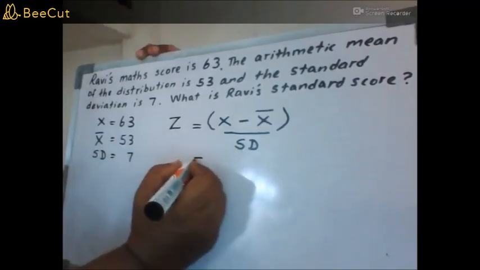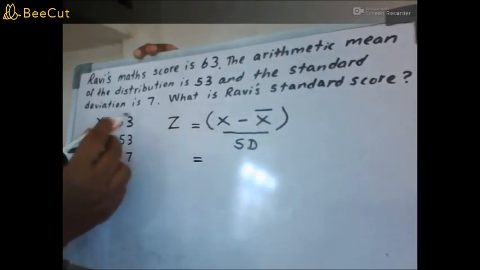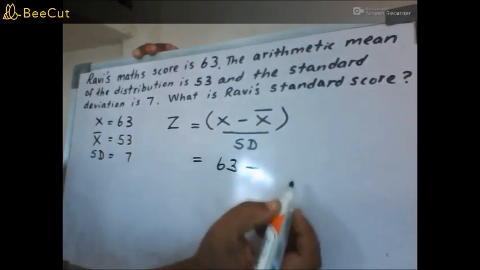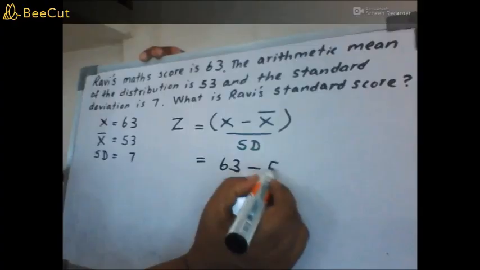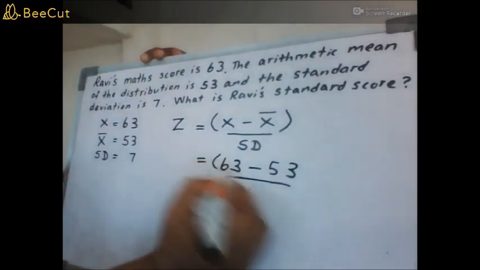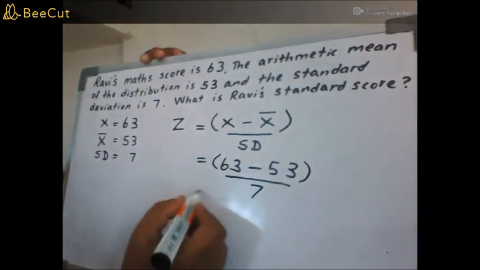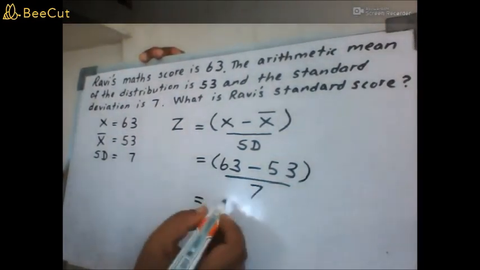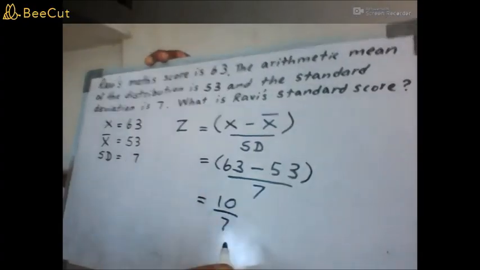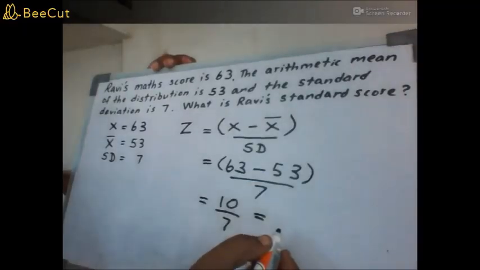Now we'll apply the values. X is the given mark, the raw mark, 63. 63 minus X bar, 53, divided by the standard deviation, 7. So 63 minus 53 is 10, divided by 7. Always get 3 decimals and round them up.